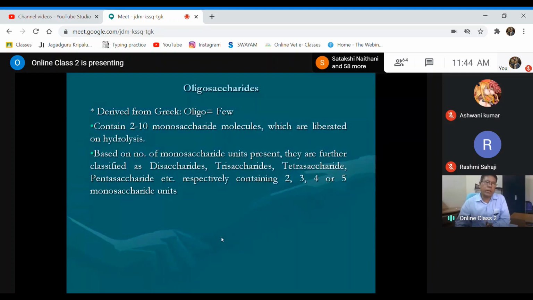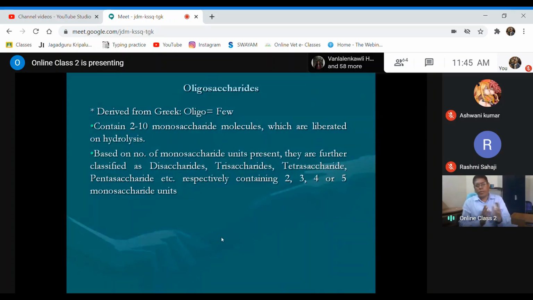If it contains 10, on hydrolysis it will produce 10 monosaccharide units. Based on the number of monosaccharide units present, they are further classified as disaccharides, trisaccharides, tetrasaccharides, pentasaccharides, etc., respectively containing 2, 3, 4, or 5 monosaccharide units.